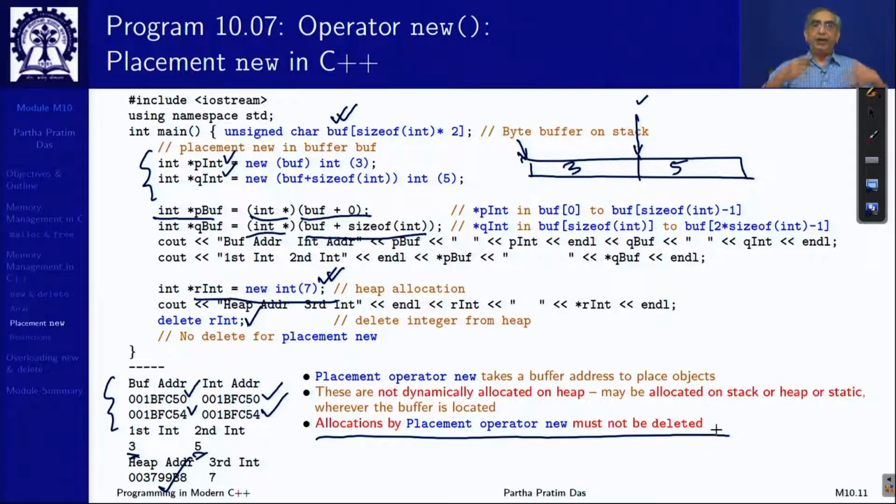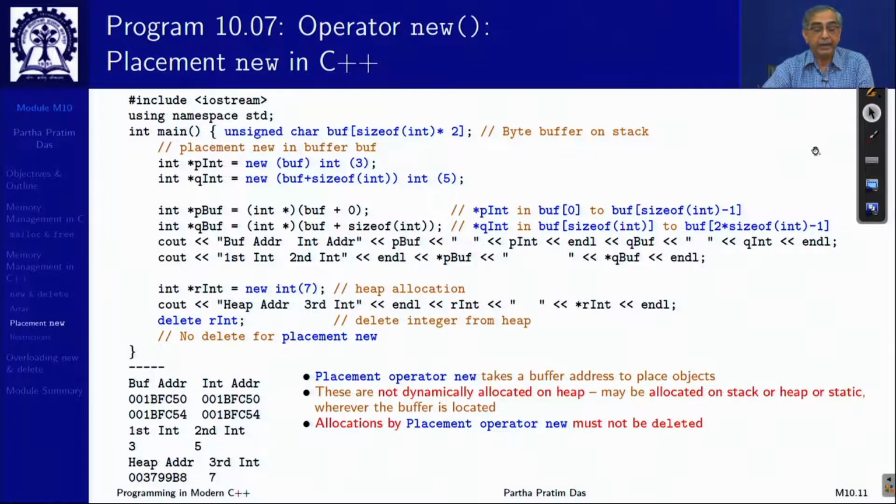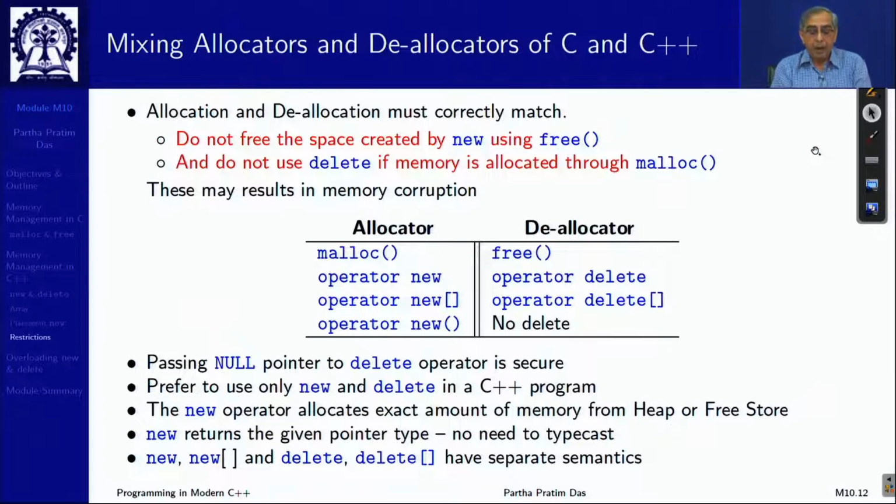We are just getting familiar with the different ways of handling dynamic allocation in C++ as compared to what we had in C. So, now you have too many allocators and deallocators, because all C dynamic memory management functions are in the C standard library. Anything that is in the C standard library is available in C++, right. So, you have all of them available.